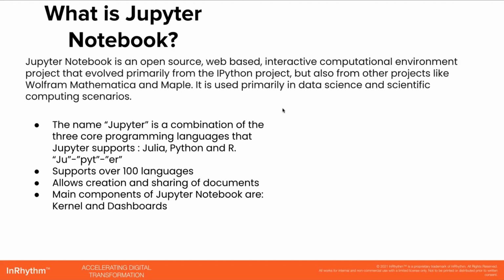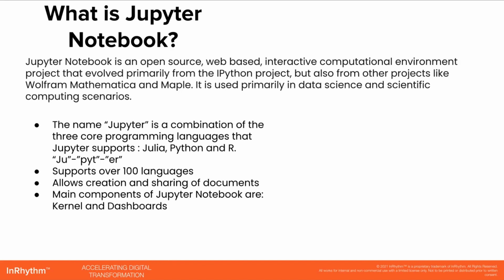A little bit more about Jupyter Notebook. The name Jupyter actually originates from the three core programming languages that it was designed around: Julia, Python, and R. Julia and R are more related to data science, mathematics, and finance.